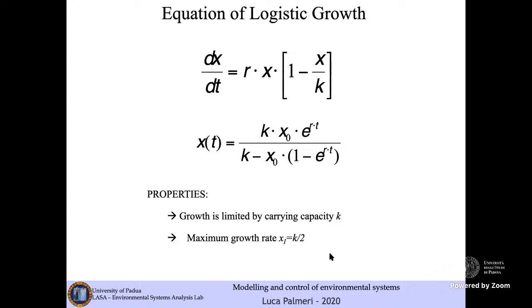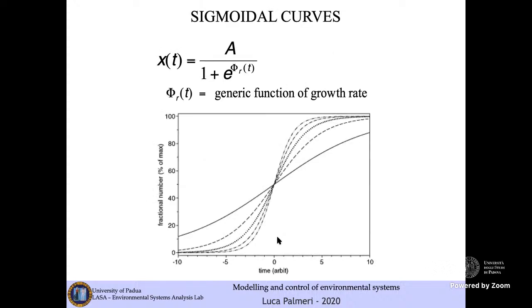You may recall from the chemical reaction models that we have seen, in particular the enzymatic reaction, in which we end up with the Michaelis-Menten function, that the semi-saturation point, the point at which the growth rate is a half of its maximum possible value, is given by half of the carrying capacity K. Okay, the very general solution of limited growth is that of sigmoidal curves.